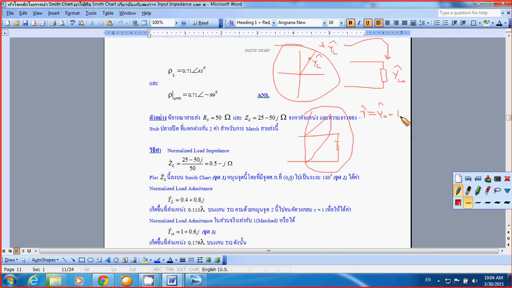So first you need to get the real part to be 1. How do you do that? The first step is that you are looking for the position L1 where you're going to bring a new transmission line or stub to connect to the transmission line here.